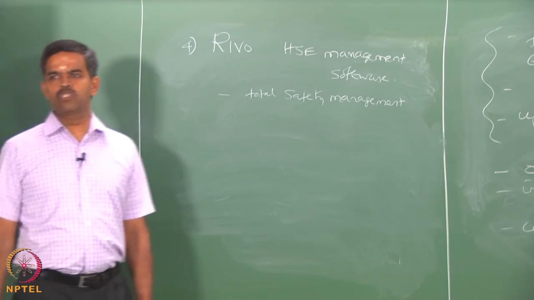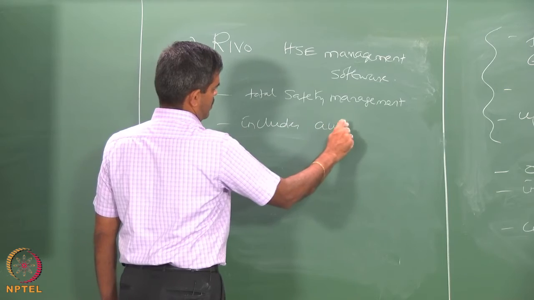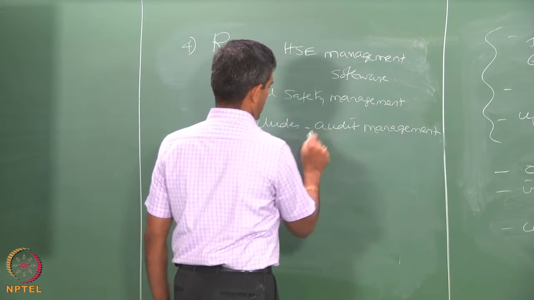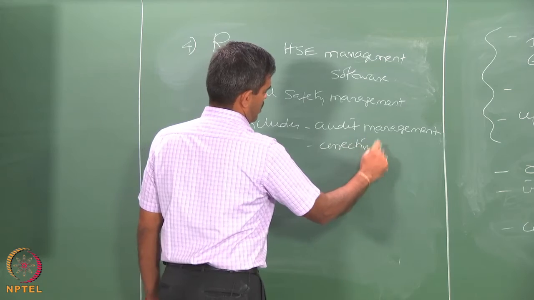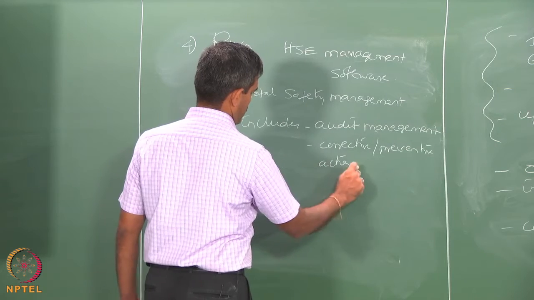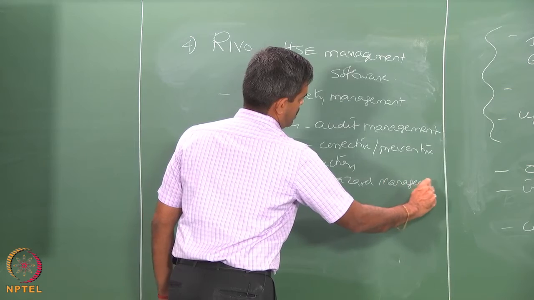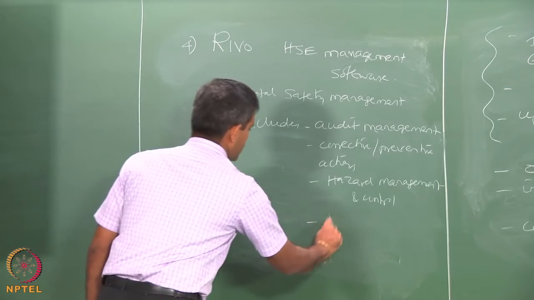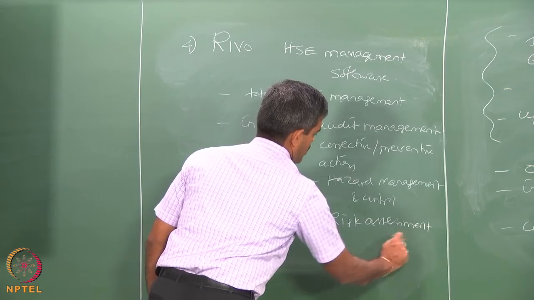Rivo actually includes audit management, it includes corrective and preventive actions, hazard management and control, risk assessment and prevention, etc.